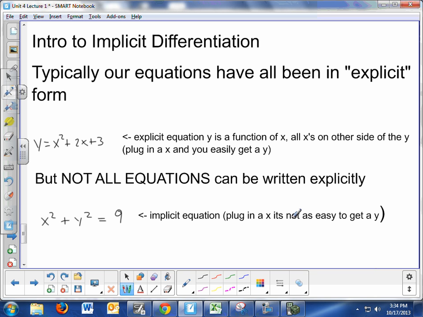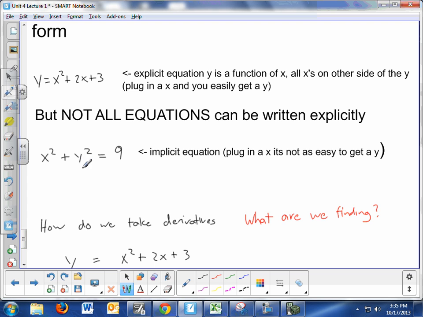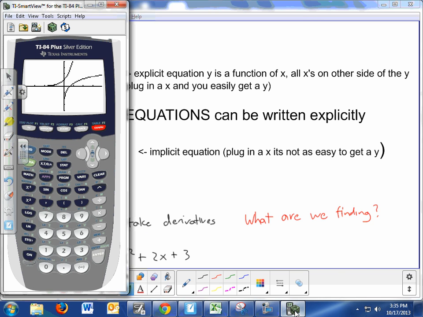What? Half a circle? No, it'll be a full circle. Yeah, we have to do the plus and the minus when you take the square root of both sides. That's a full circle. It definitely is. Trust me. If you solve for y and plug it into your calculator, Mr. Brooks, you have to plug in both.